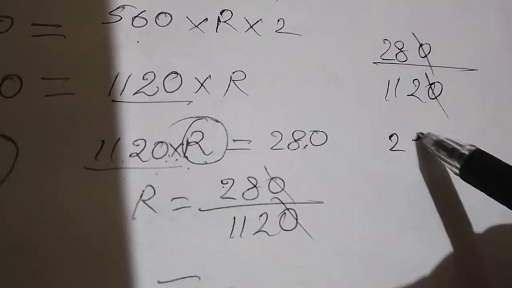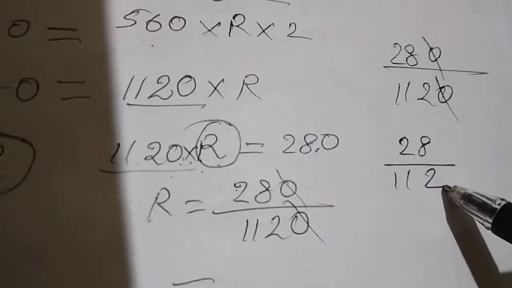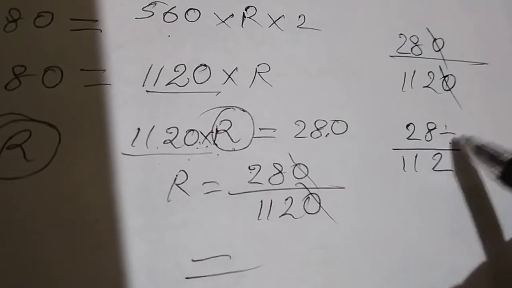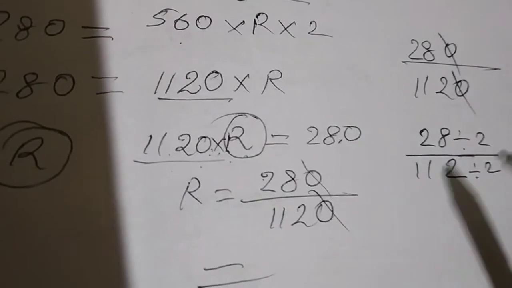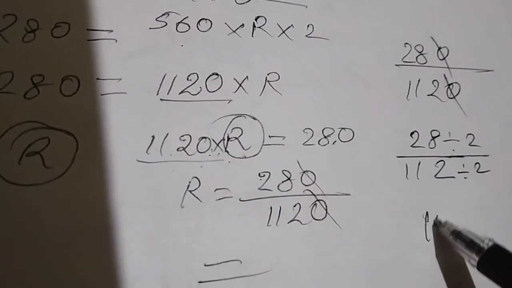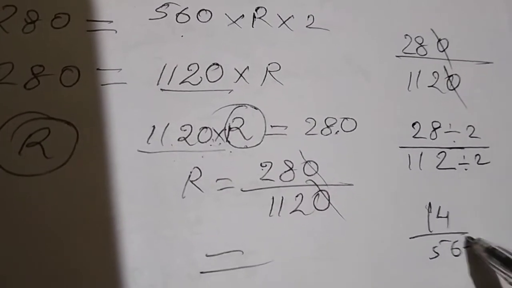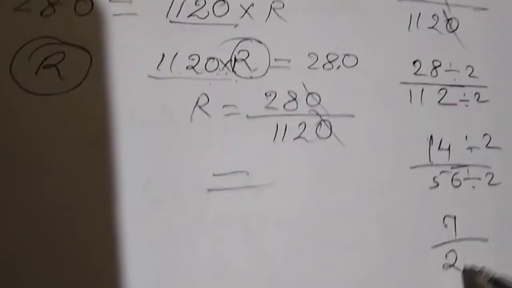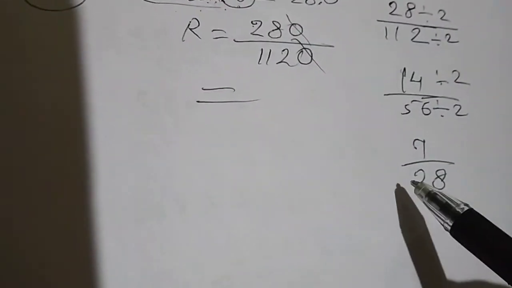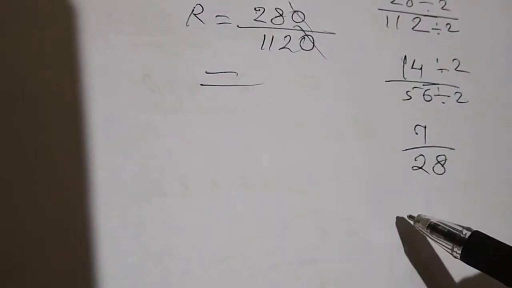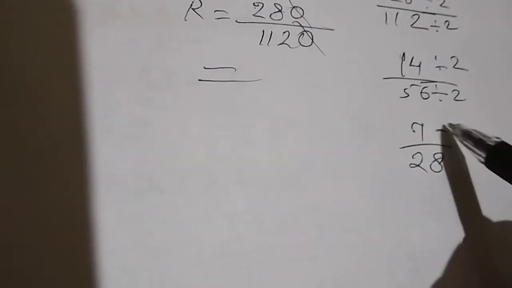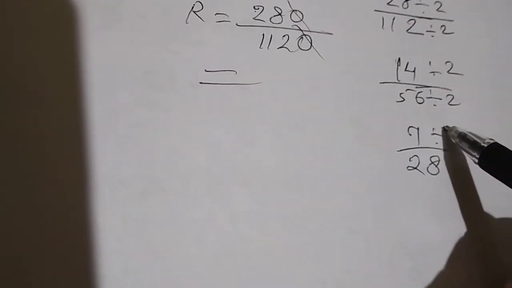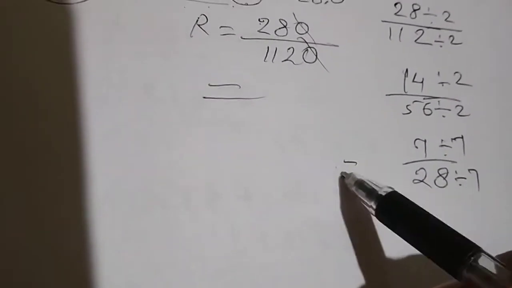So 28 on 112. We can divide these two by 2 itself. So that is equal to 14 on 56. Again we can divide by 2. That will be 7 on 28. We can divide these two numbers by 7 itself. That is equal to 1 on 4.